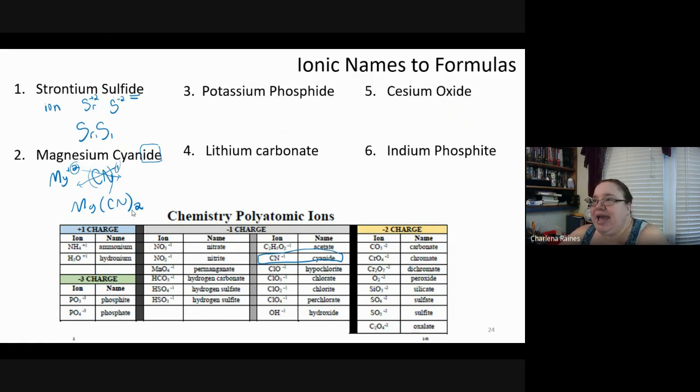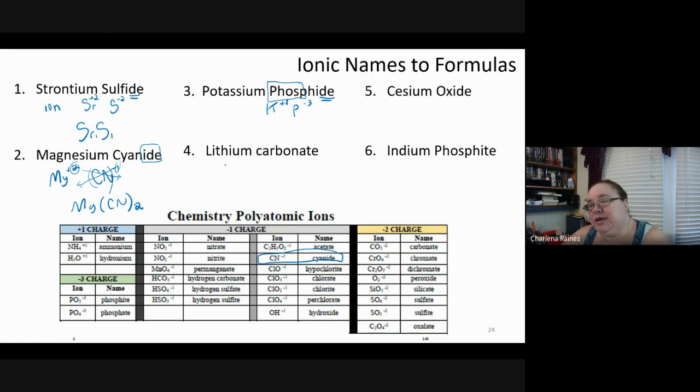Alrighty, looking at number 3, it ends in IDE. Therefore, it should be an element. Well, phos looks like phosphorus, and phosphorus is a -3. Potassium, its symbol does not match its name. I always think special K, like the cereal, because it has potassium in it. So potassium is a +1.